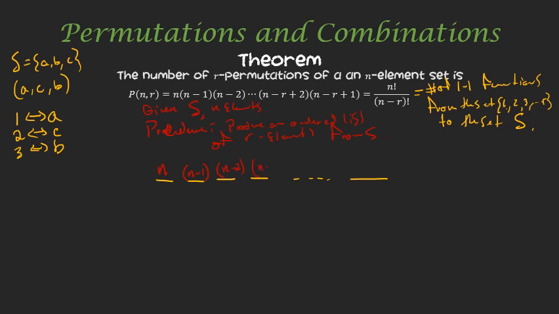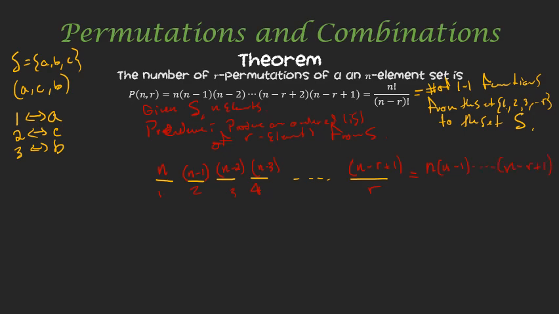And so on. I'd have n minus 3 for the fourth. And finally, for the rth spot, I would have n minus r plus 1 choices, since I've already used r minus 1 elements from my n-element set. And so what do I have left? I have n minus r plus 1 elements. And so this tells me this is n times n minus 1 all the way down to n minus r plus 1.